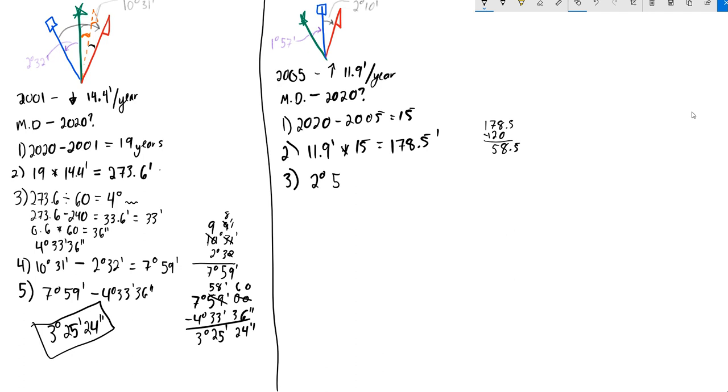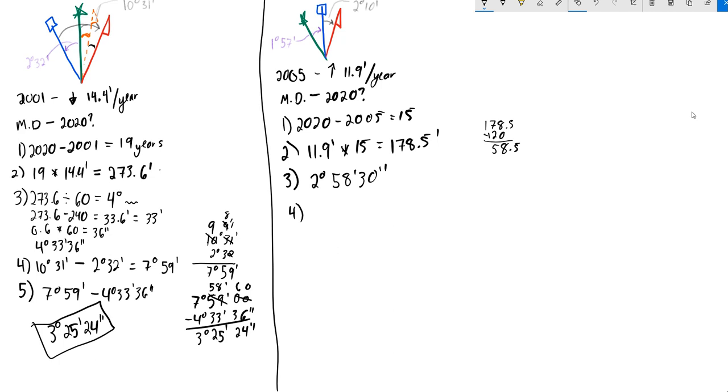So I'm going to have 58 and 30. Right? I hope you can see how I did the math there. Really, I'm making 178 into degrees, so I'm figuring out how many degrees that is, and then I'm taking this 0.5 and making it into seconds with the remainder there. So that's step 3.